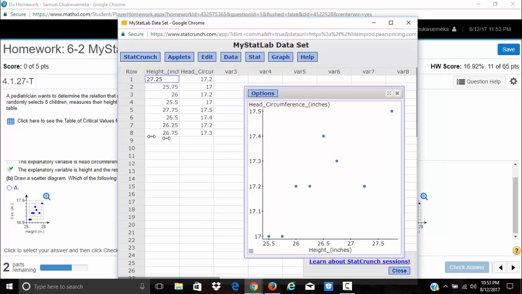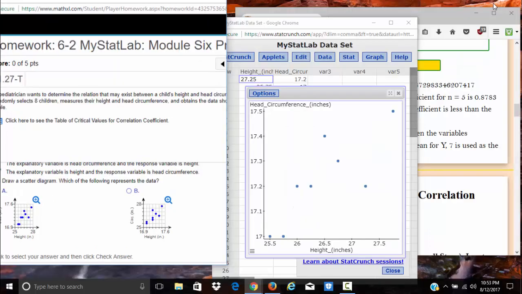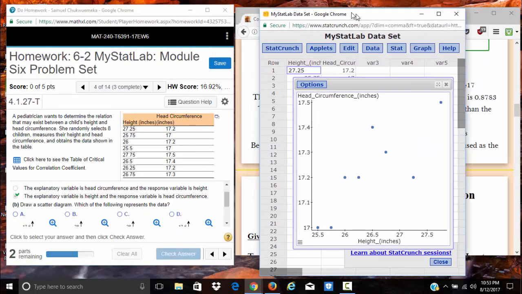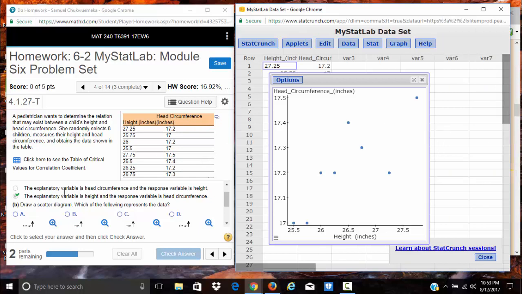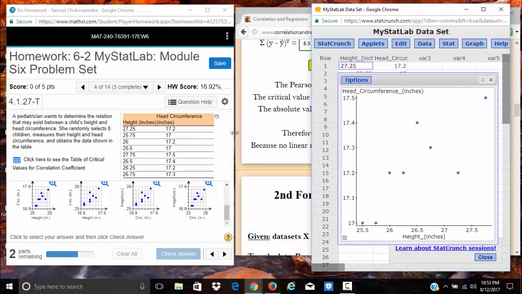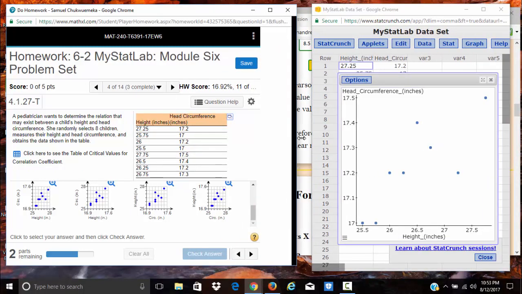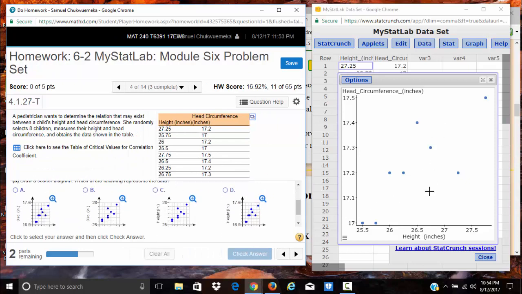So let's look at this side by side and see the scatterplot.